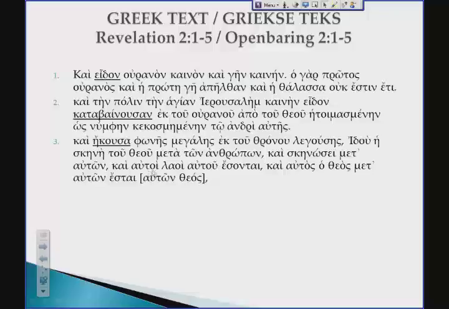And they will be peoples of, that's a genitive.